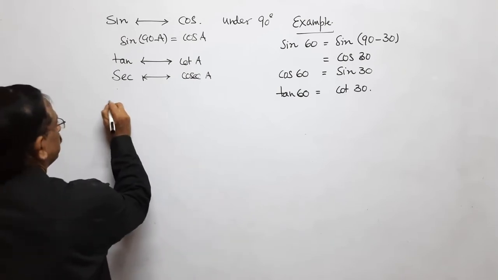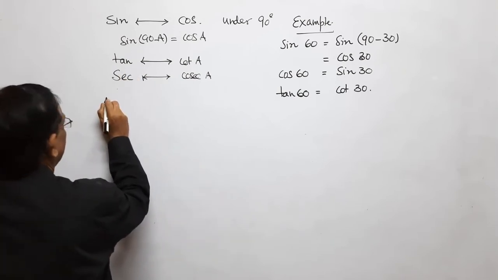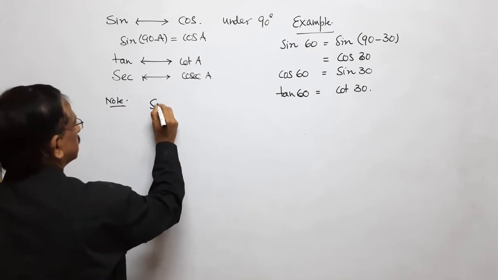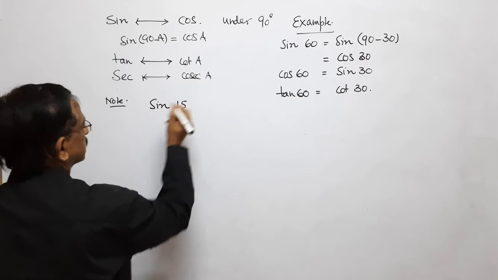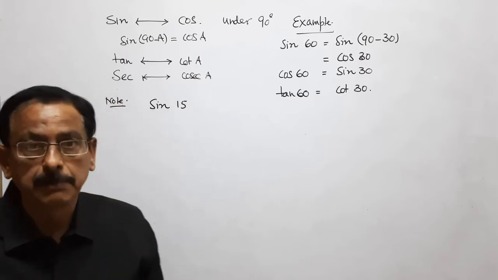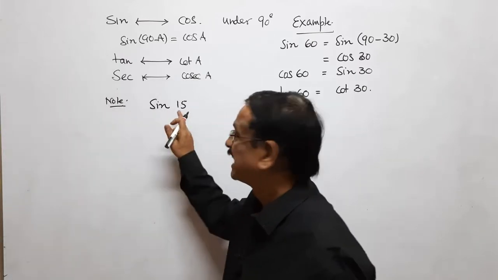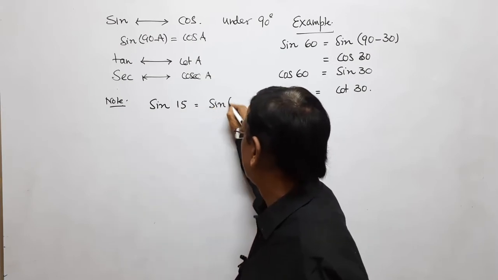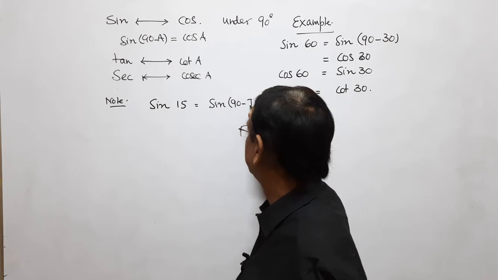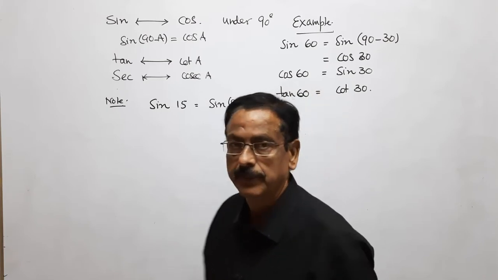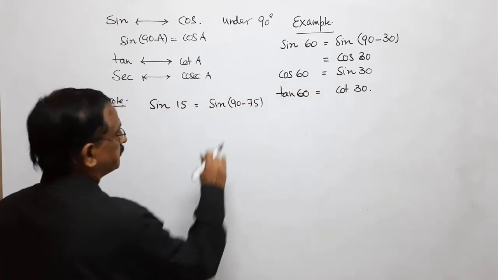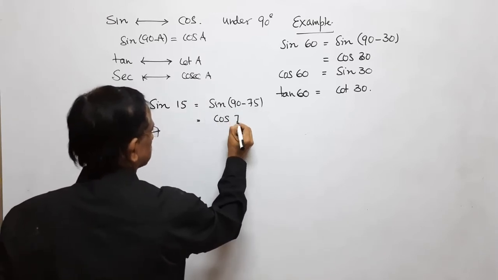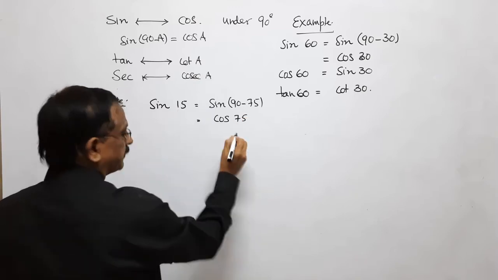Another observation I want to note: what is sine 15 degrees? I may not be able to evaluate sine 15 right now, but it can be written in terms of cos as sine of 90 minus 75, which becomes cos 75. So sine 15 is cos 75.